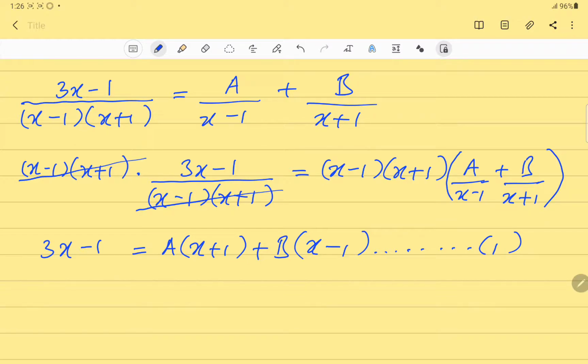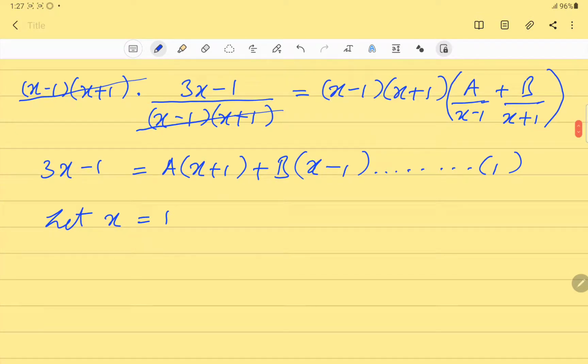Okay, now we will be assuming x equal to certain values to find out the value of the constants a and b. So for the first time we will assume x as 1. Let x is equal to 1, then equation number 1 becomes 3 into 1 minus 1 is equal to a into 1 plus 1 plus b into 1 minus 1.